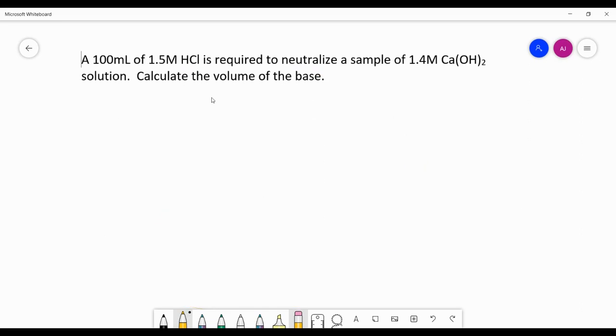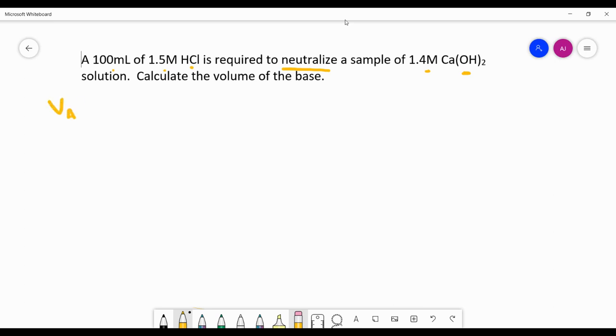Let's start off in looking at how we recognize this type of problem. We recognize an acid given a concentration and a volume. It talks about neutralizing a base given a concentration. Those are clues that we're going to use the neutralization equation. So let's start off here with the acid.